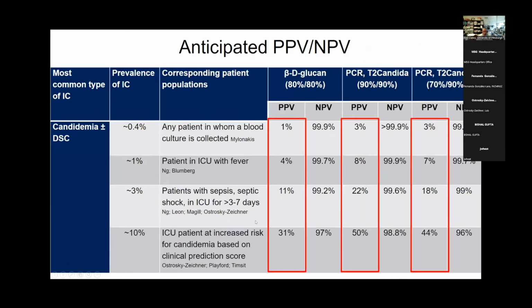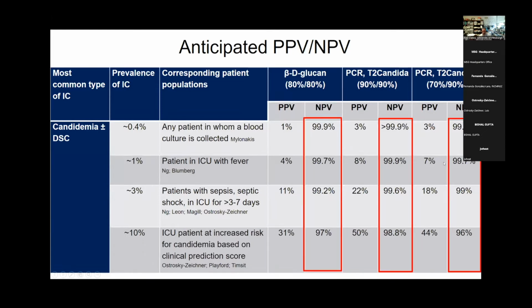So then if you know your pretest likelihoods or your prevalence of disease in various settings, and you know your approximate test performance characteristics at your center, you can then calculate the positive and negative predictive values in various populations. And as your pretest likelihood increases, your positive predictive value will increase and your negative predictive value will decrease.